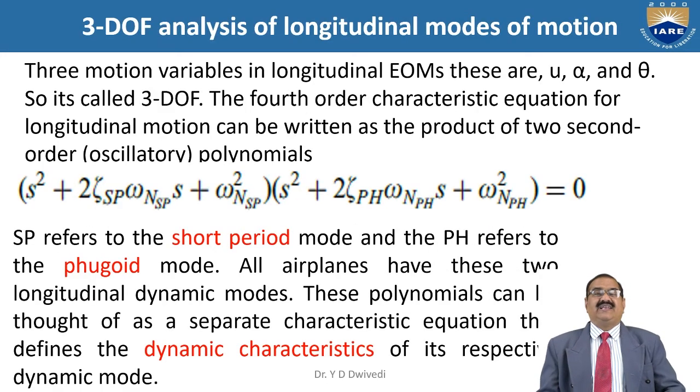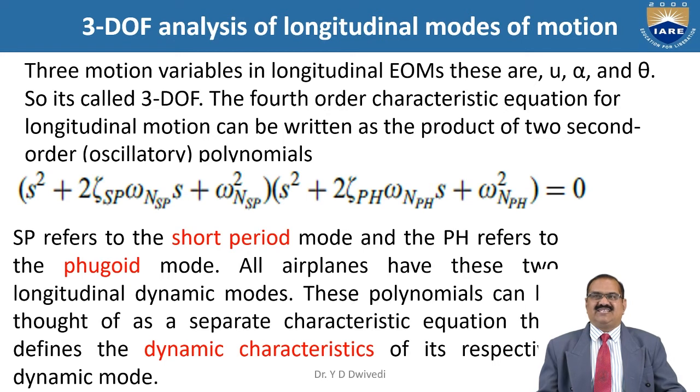The next topic is the 3 degree of freedom analysis of longitudinal modes of motion. Now we will see how these equations are useful for determining whether the aircraft is dynamically stable or not. Here we have 3 motion variables in the longitudinal equations of motion: u, alpha, and theta. So it is called 3 degree of freedom.